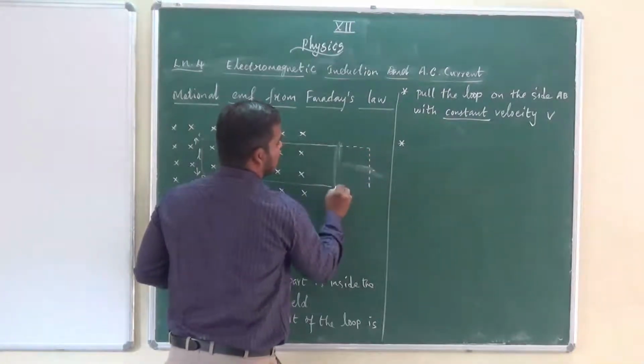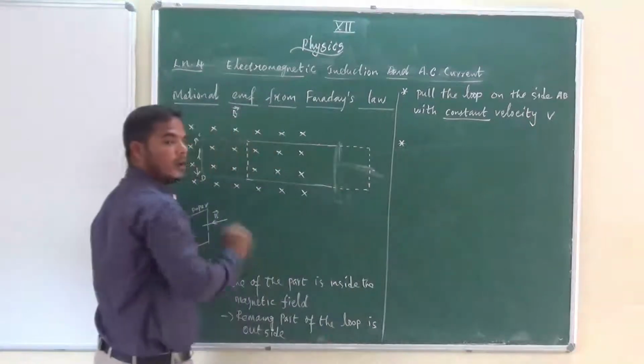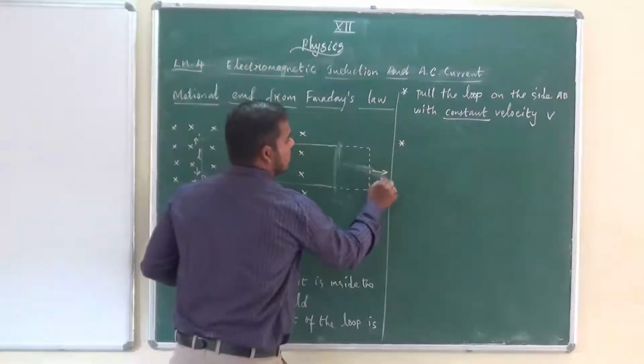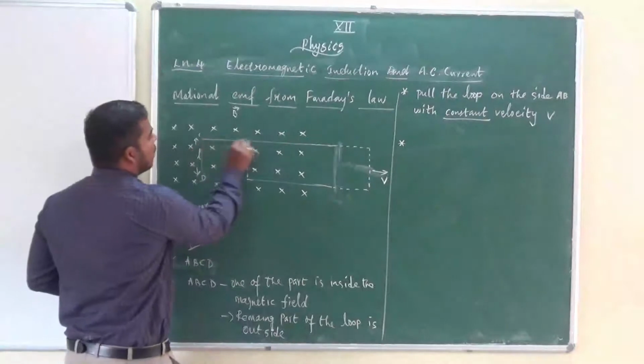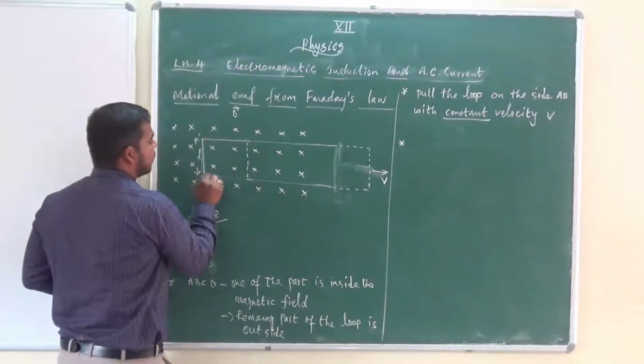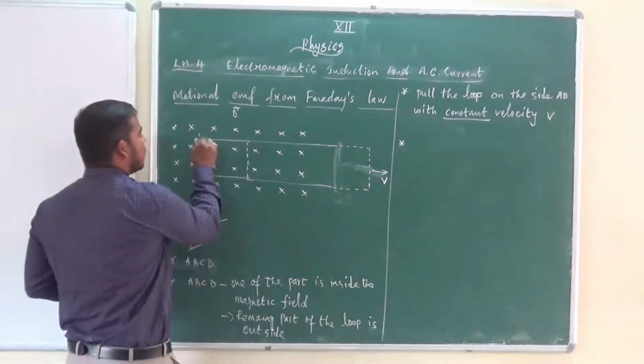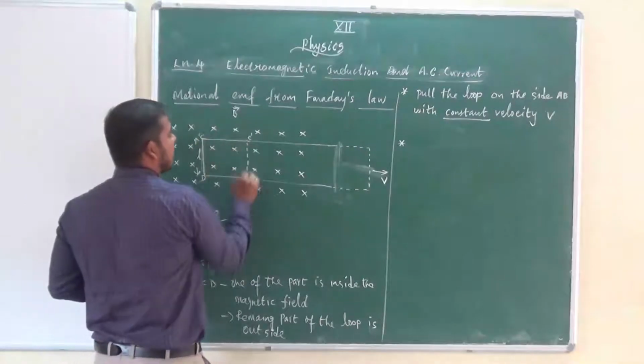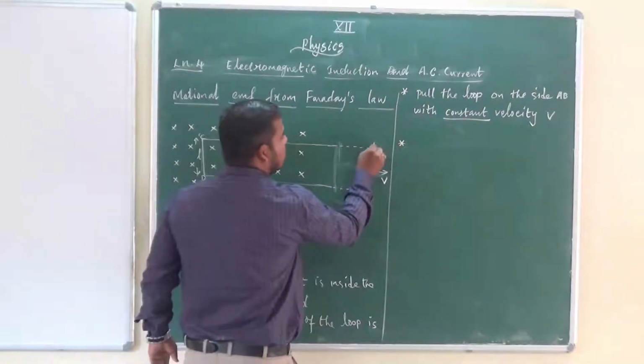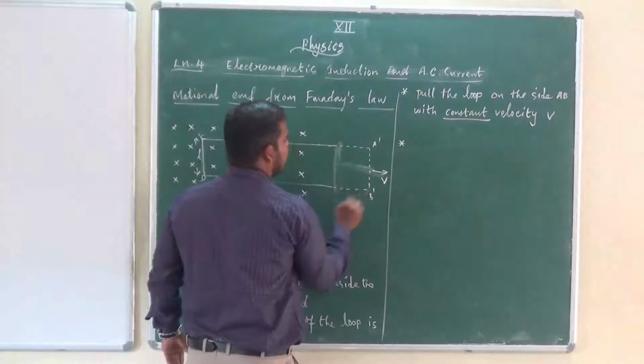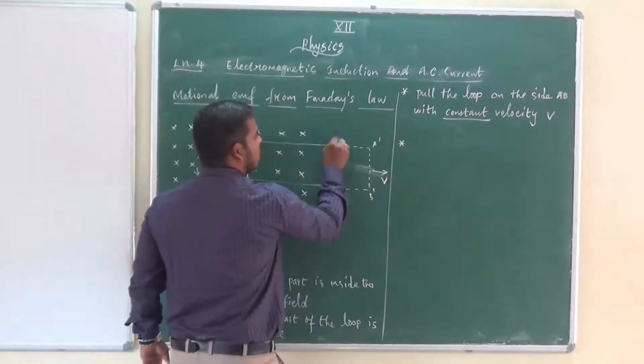The dotted lines are the moved position, and the original position is represented by the continuous line. So this is CD, C dash, D dash, the new position A dash, B dash, and the original position A, B.